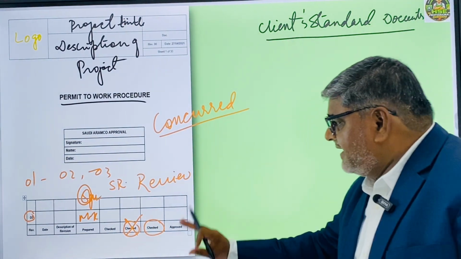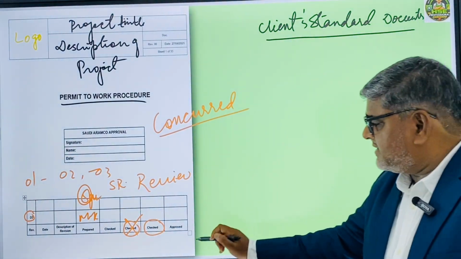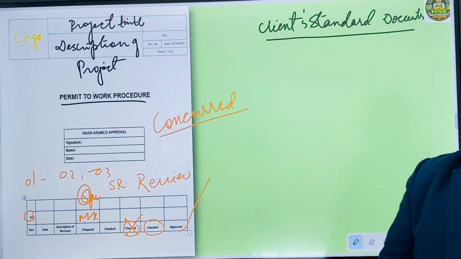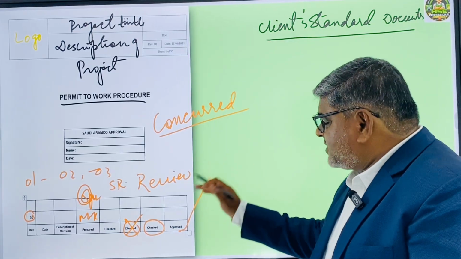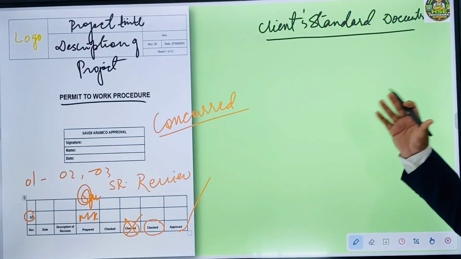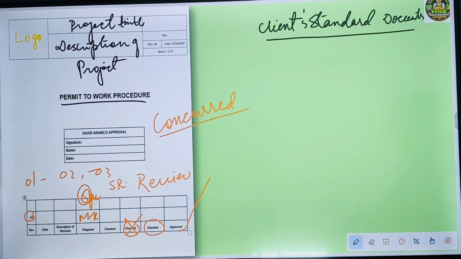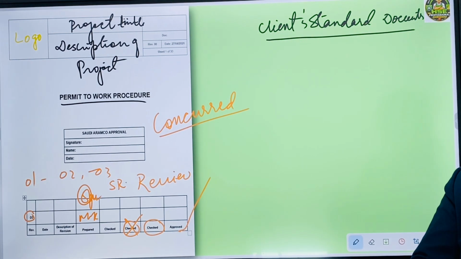Finally, this document needs to be submitted to the client for approval. Before approval, this document has many sections and parts, and different stakeholders need to review it. Then this document will be approved.